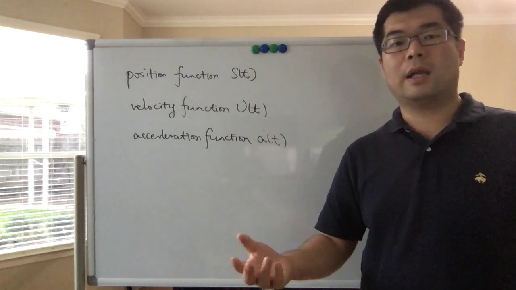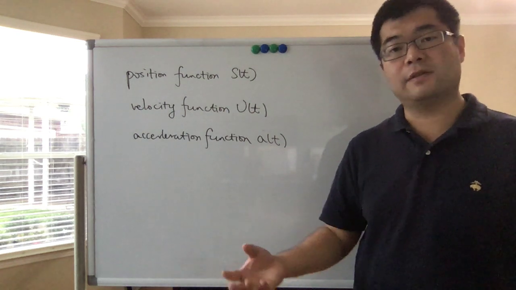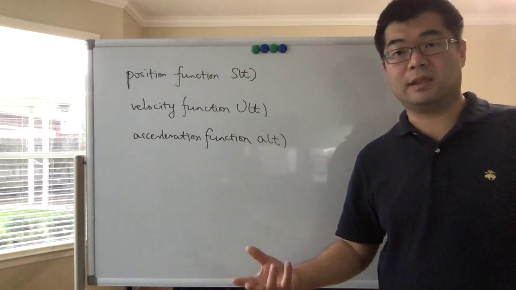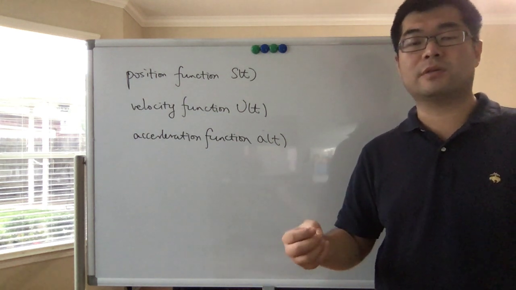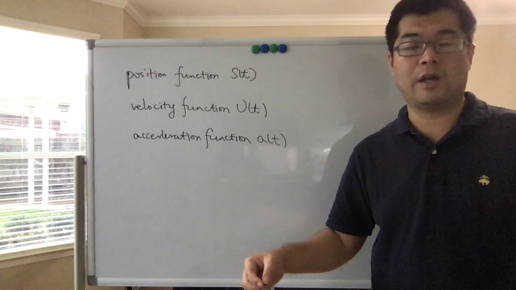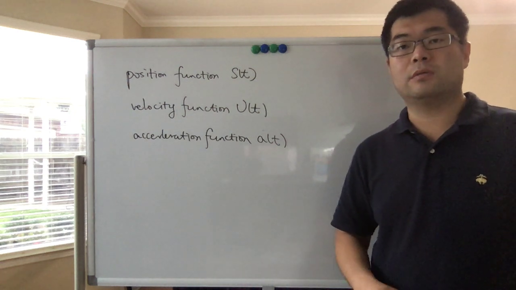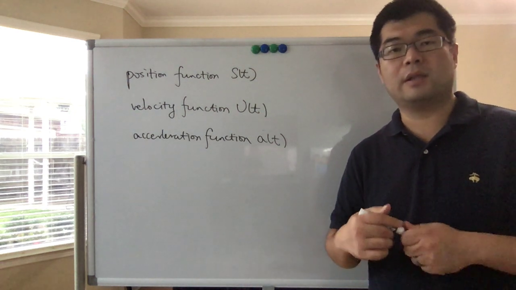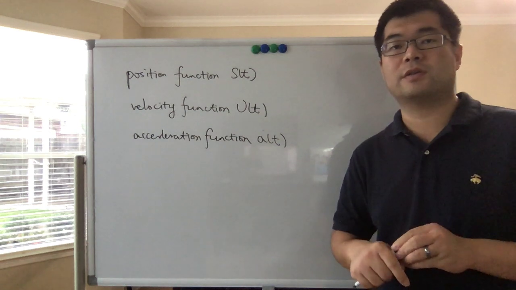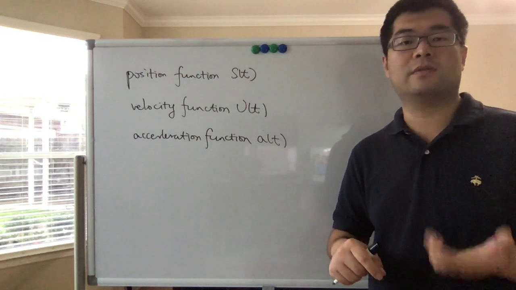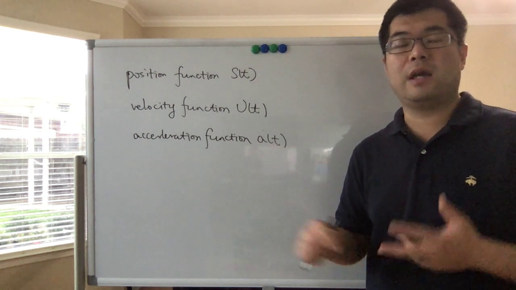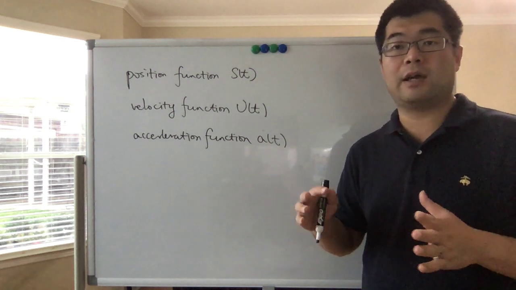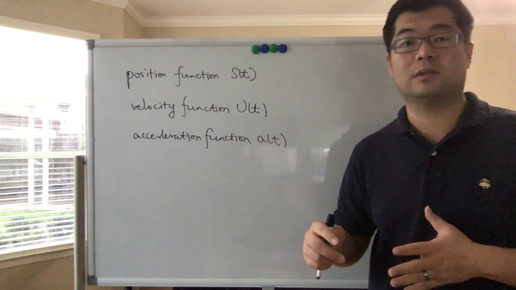And meanwhile, what is the corresponding velocity function at time equals t? And also the acceleration of that moving object. Actually, those three functions, the position function, velocity function, and the acceleration function, have a big connection here.